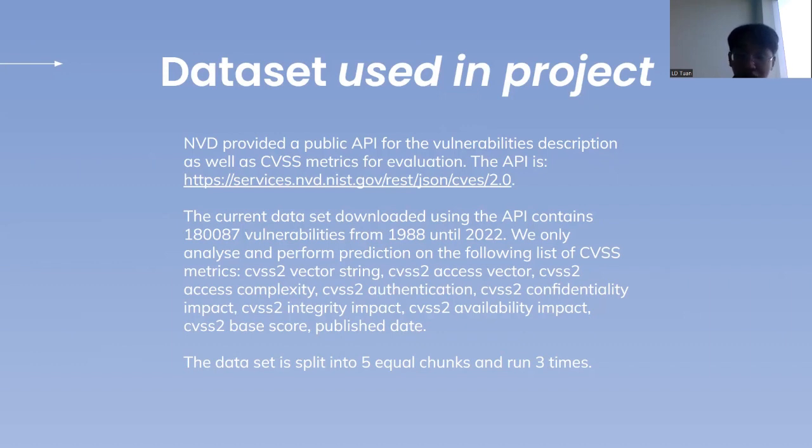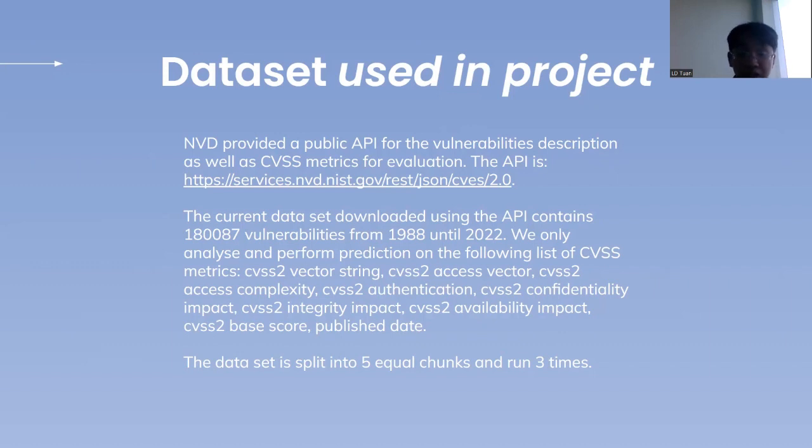For the purpose of this project, we only analyze and perform predictions on the following CVSS metrics: CVSS vector string, CVSS access vector, CVSS complexity, CVSS authentication, CVSS confidentiality impact, CVSS integrity impact, CVSS availability impact, and the base score, all sorted using the published date of the vulnerabilities.